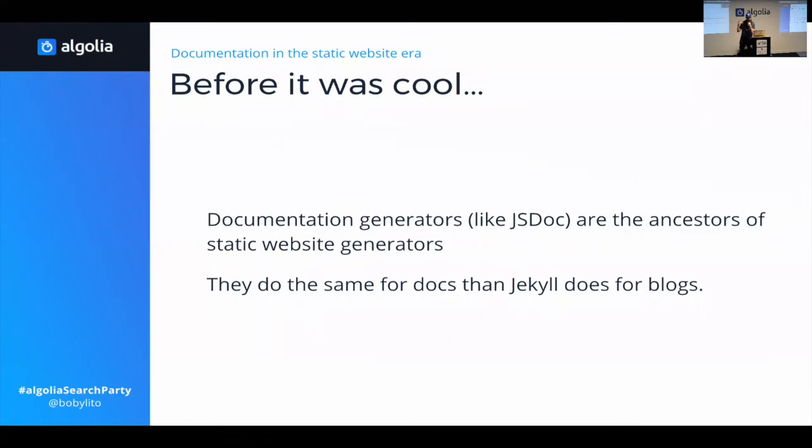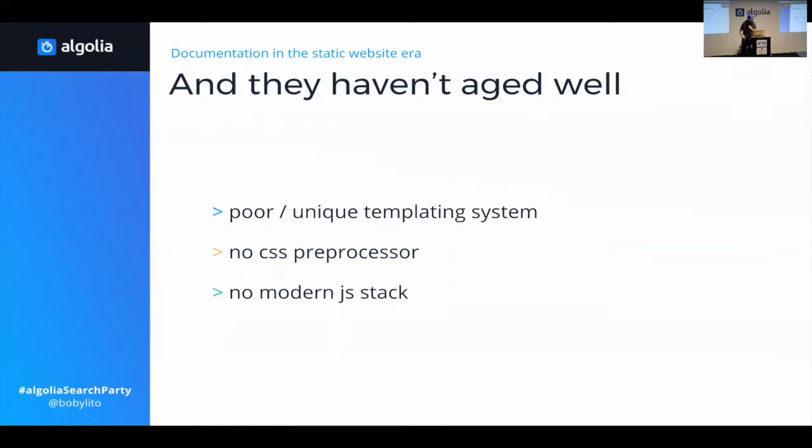Yeah, that's the kind of feeling that they had. And so obviously they didn't have the same kind of tooling. For example, they had a poor templating system. They had no CSS preprocessor, so no Sass, nothing. And also they had no modern JS stack.